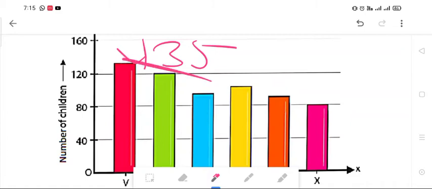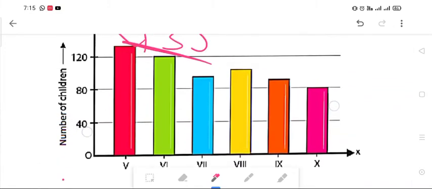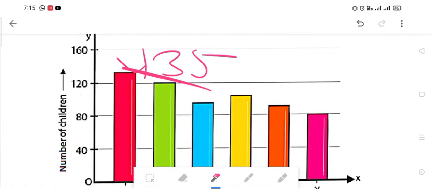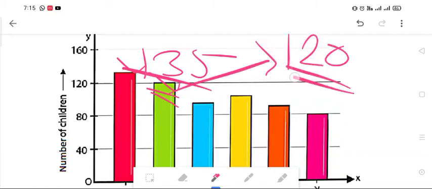In class 6 the number of students is 120. You can see that the green bar represents the number of students in class 6, and it is aligned with the point of 120. So this represents 120 students in class 6.